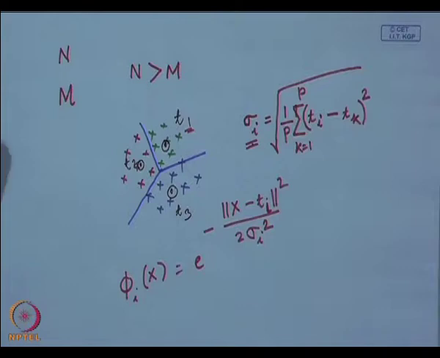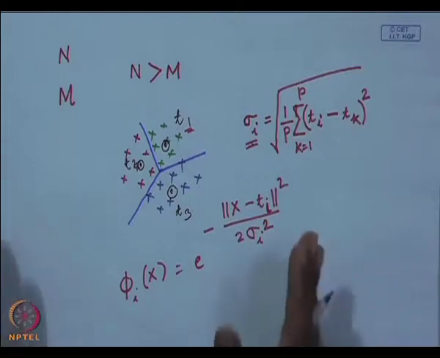Now, let us see whether, by using this concept, I can make a linear classifier using the radial basis function concept for the XOR problem. XOR is a very common problem which is used for illustrating such operations.